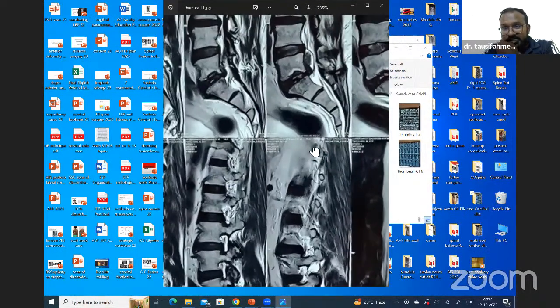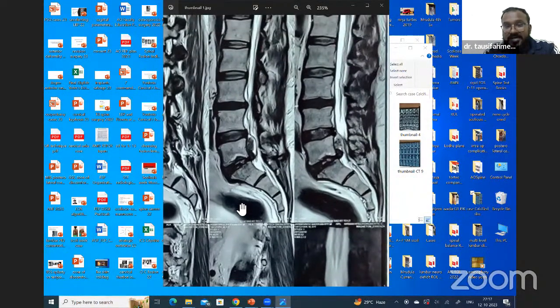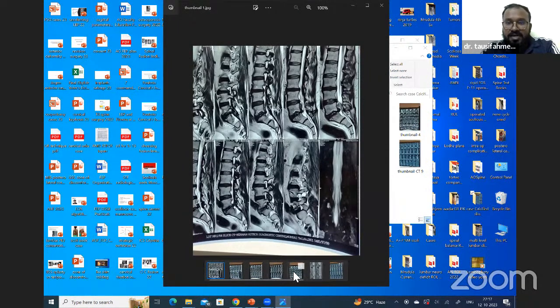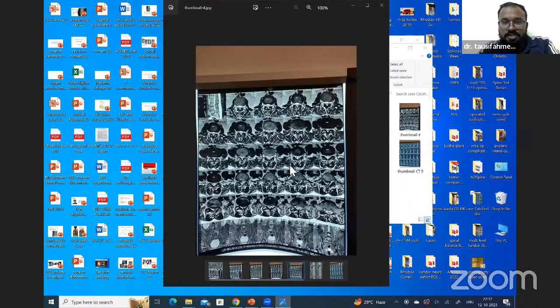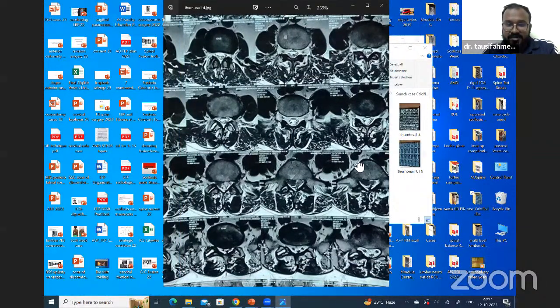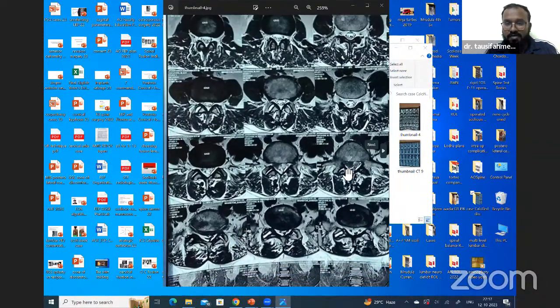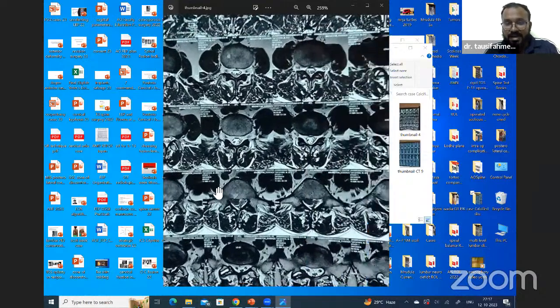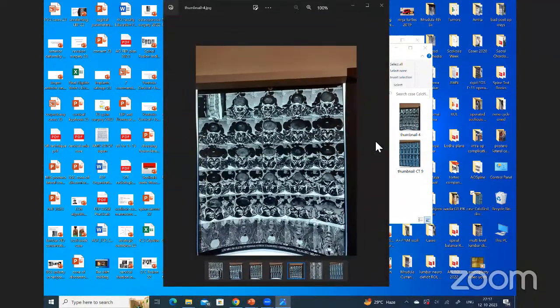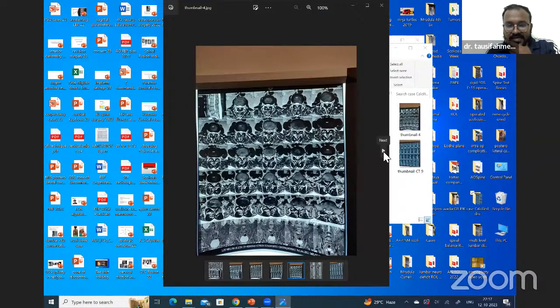The third thing I would like to point out is that it looks to me like a hard disc on the soft disc, because on the T2 weighted film, the lower part of the disc is completely black as compared to the softer part, which has migrated superiorly. So can we have the X-rays, dynamic X-rays, and CT scan in the line, I hope.